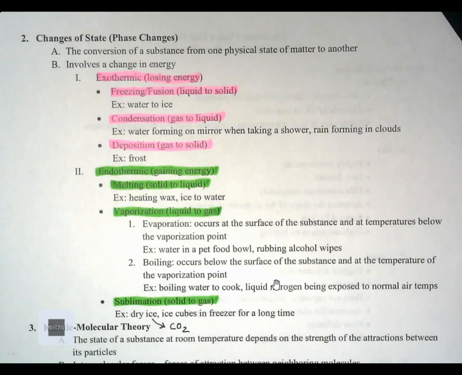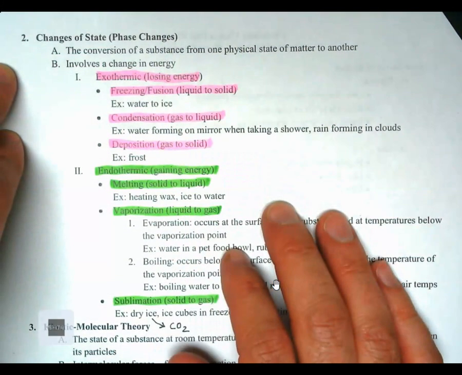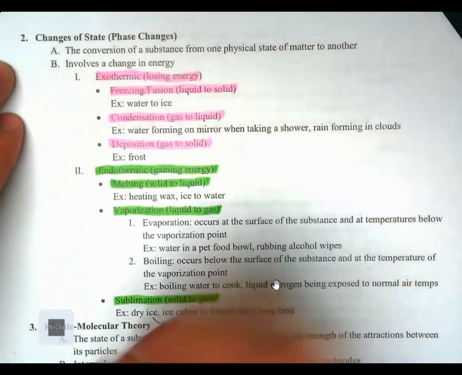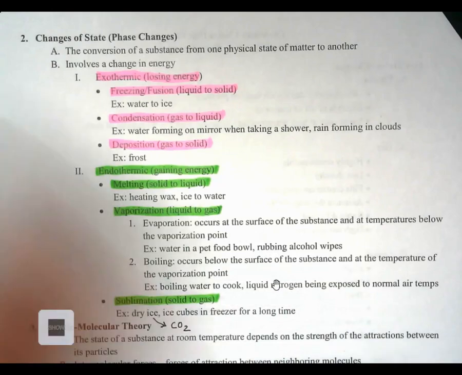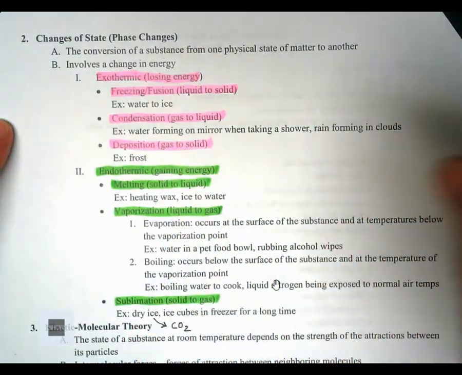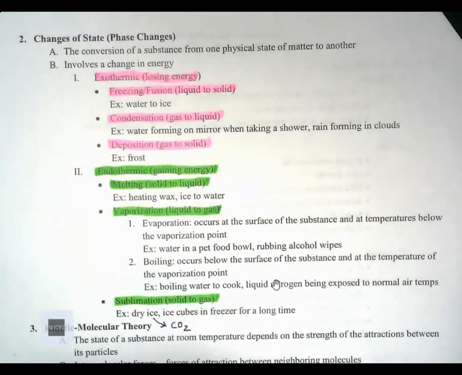So state of matter changes. Again, I know you guys have done some of this. I just want to frame the way you think about this, so we don't make mistakes identifying stuff. Remember, phase changes, state of matter changes, are not chemical changes. They're just physical changes.